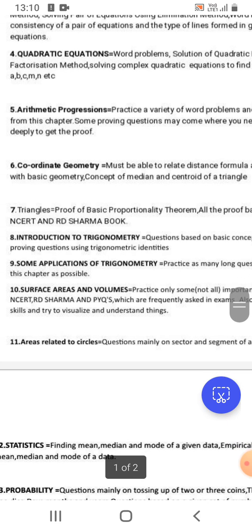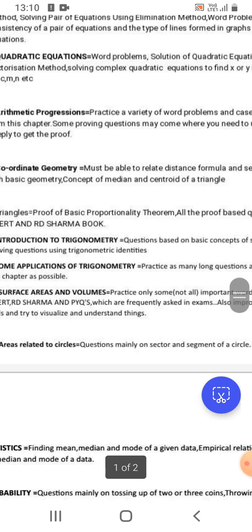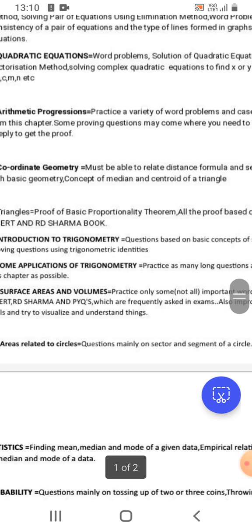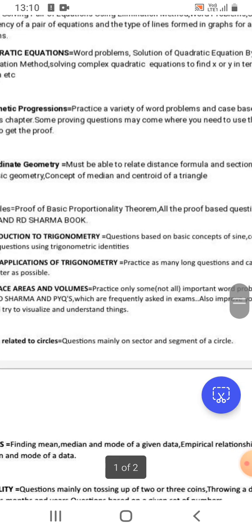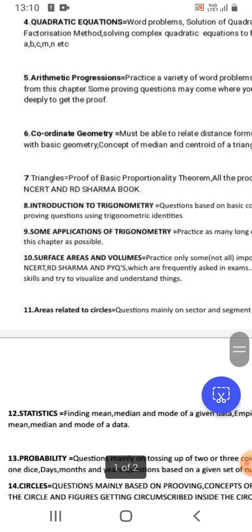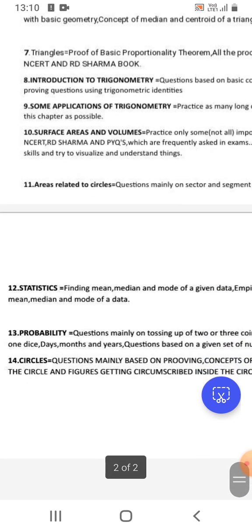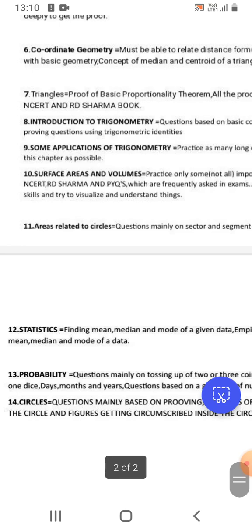Then 11, areas related to circles. Chapter 10 and chapter 11 form an essential part of the mensuration section of class 10 mathematics. Areas related to circles, mainly you are going to practice questions on sector and segment of a circle. Then actually I missed one chapter in the middle which I wrote at the last, that is circles.